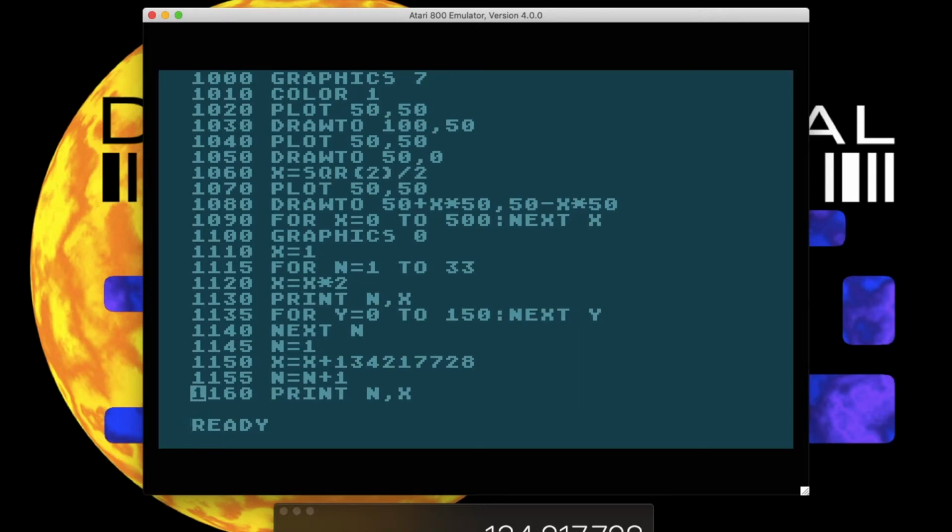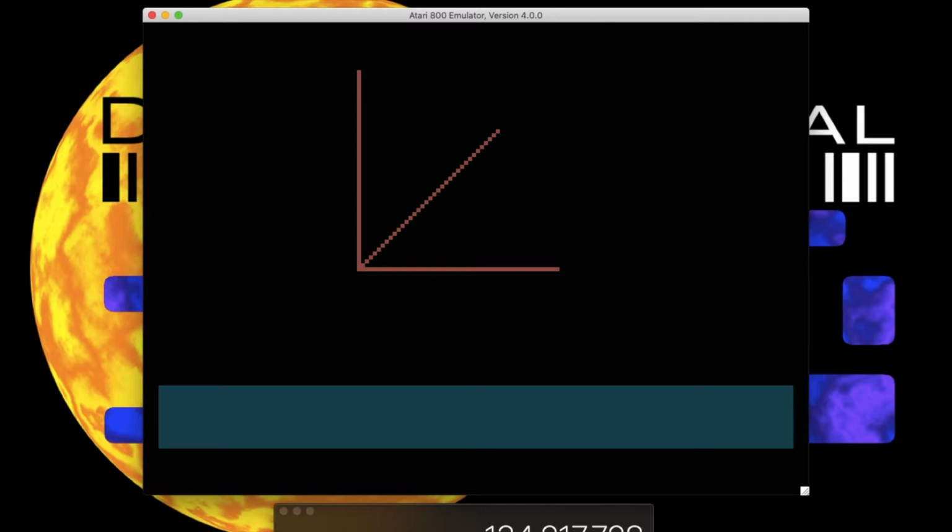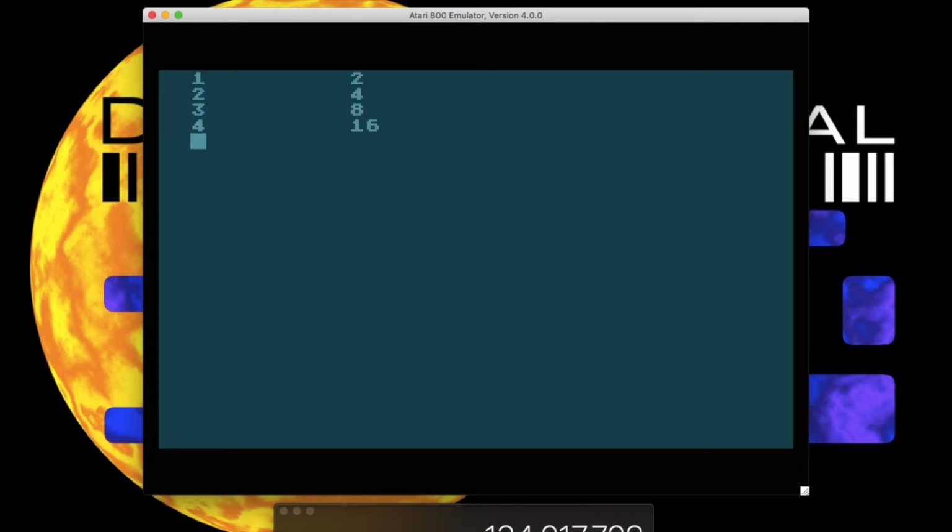So we need to start at 0 here, and then we need to loop. All this to figure out the biggest number I can represent without an exponent.